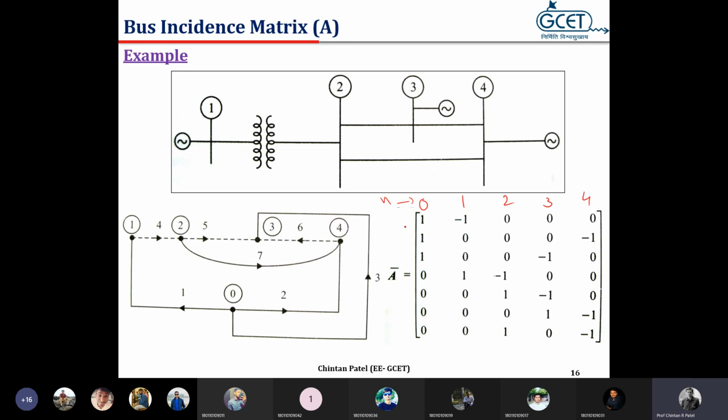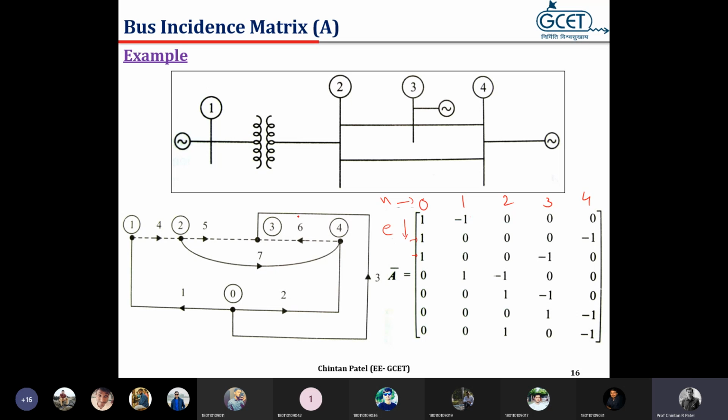These are the nodes, and these are the elements. Initially, element number 1 is a branch, with 1 and -1. The second is also a branch, this one. Then the third one is a branch, and number 7 is a branch.